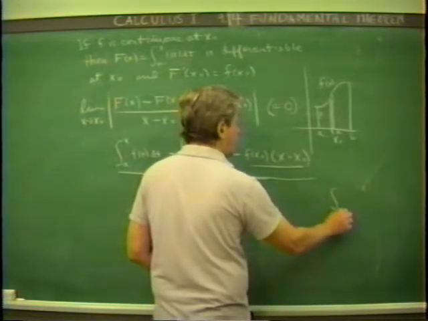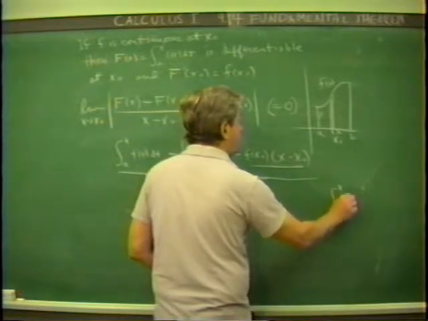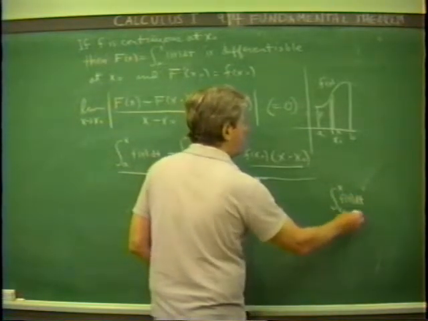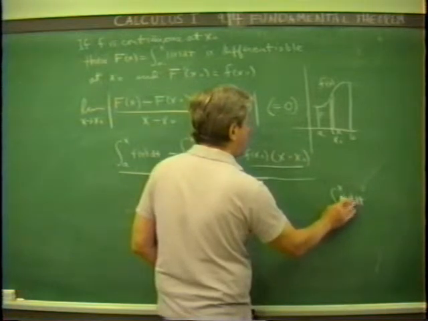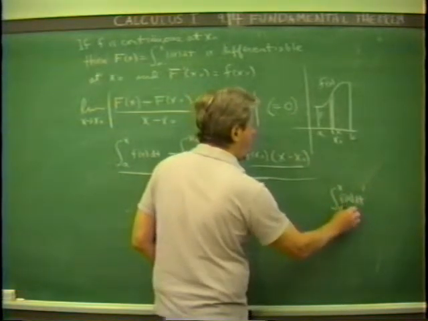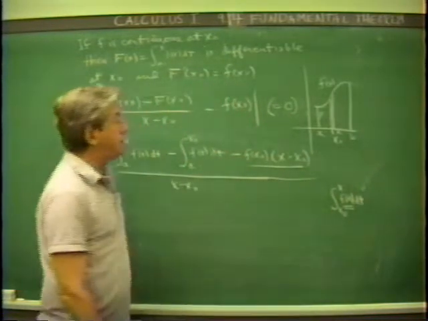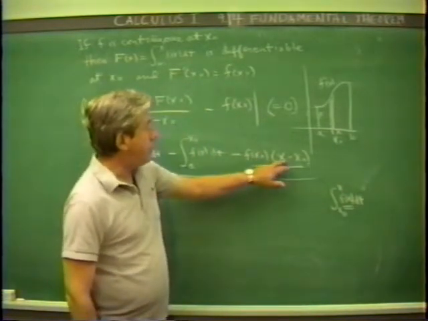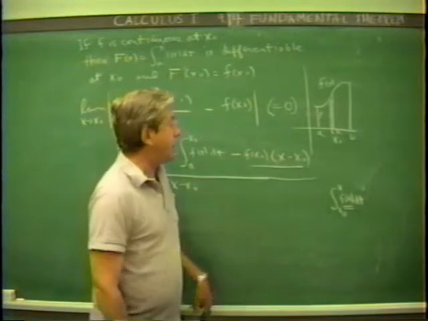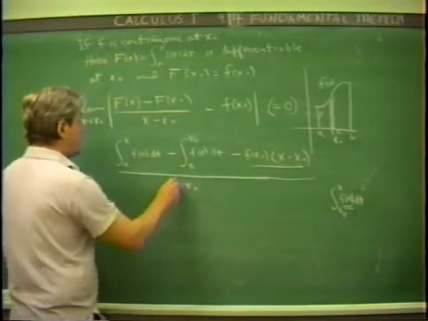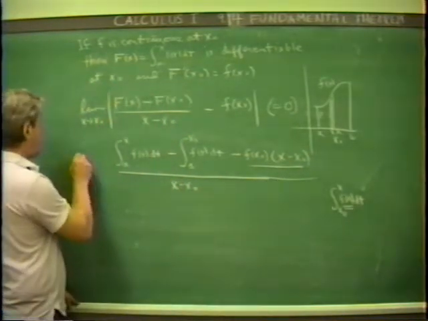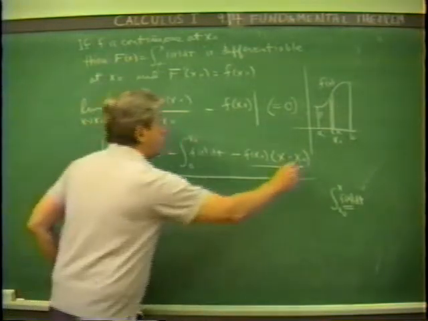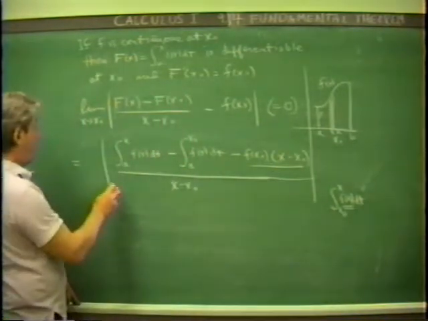Right? Now this quantity, f of x naught times x minus x naught, is equal to the integral from x naught to x of f of x naught dt. F of x naught is just a constant. And if I integrate it from x naught to x, I'm going to get that constant times the length of the interval, x minus x naught.